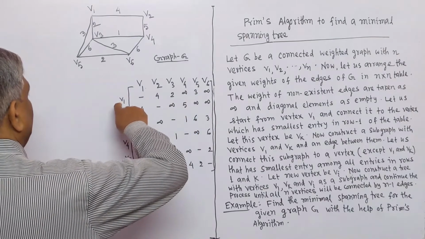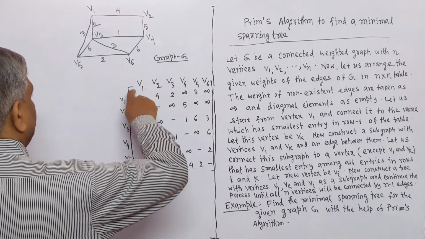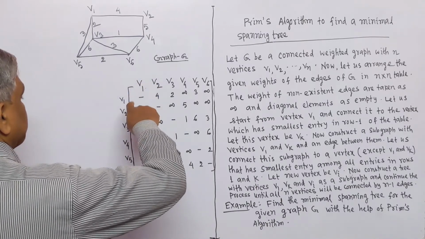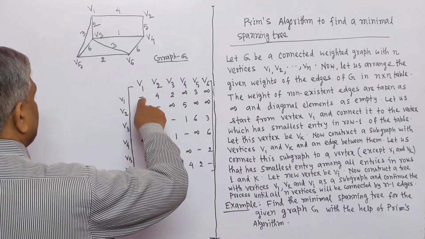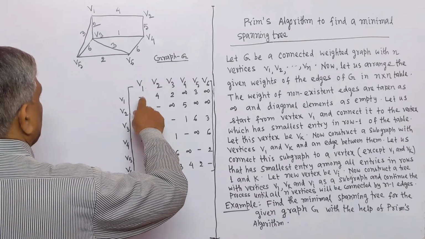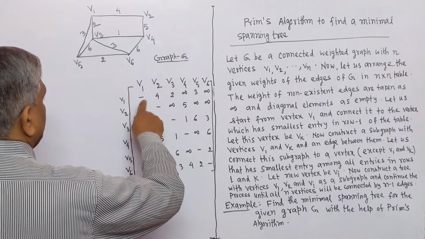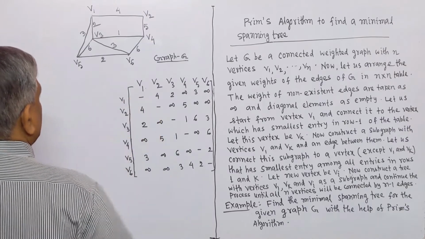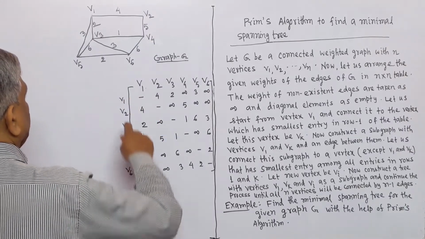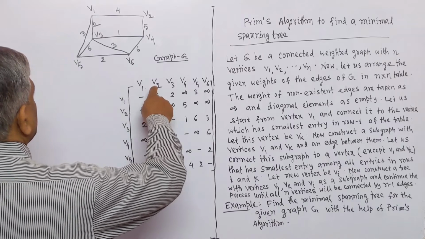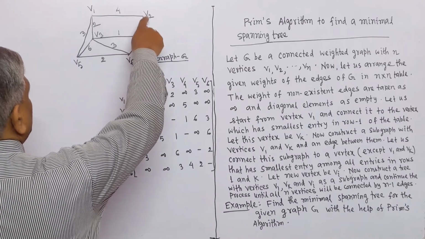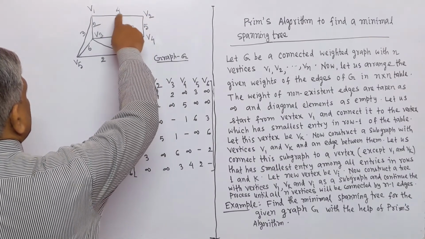Since V1 and V1 do not make any edge, the weight of this edge is empty. Here we write a dash. Here V1, V2 edge. The weight of this edge is 4.